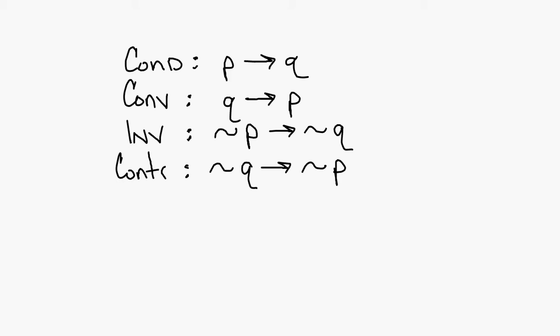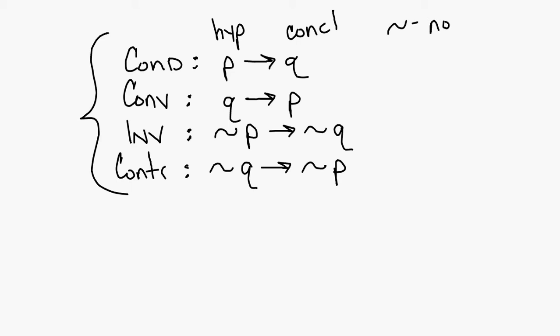So if you've got this little table in your notes, you should get all of those correct. P is the hypothesis. Q is the conclusion. The arrow means if hypothesis, then conclusion. And the squiggly line means not, or to negate. Got it?